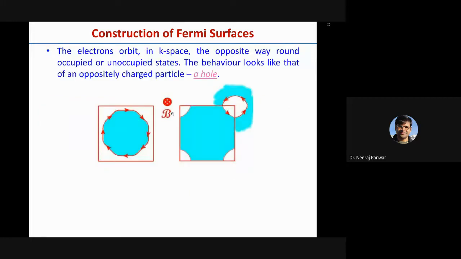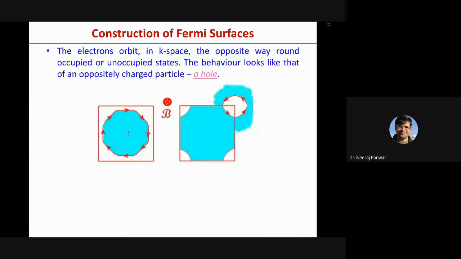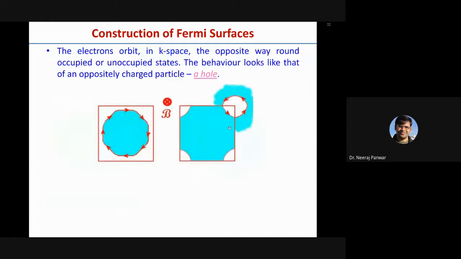And so this is the same thing. Now the electron motion is shown here. It is moving clockwise when the magnetic field points inward the page, and this is the picture shown in the periodic zone scheme.